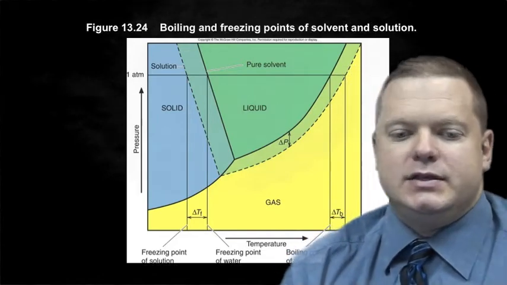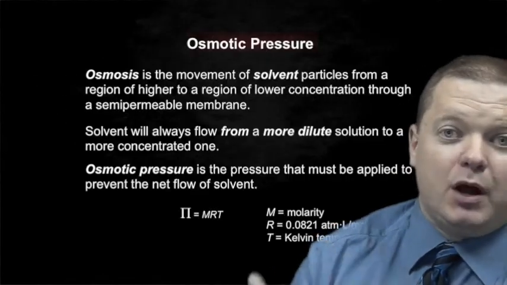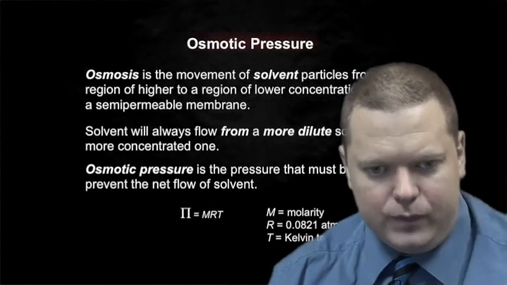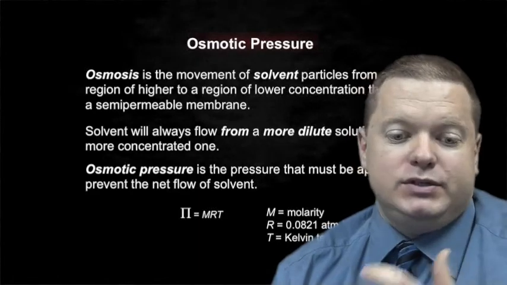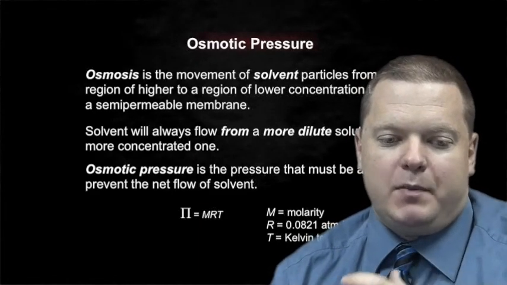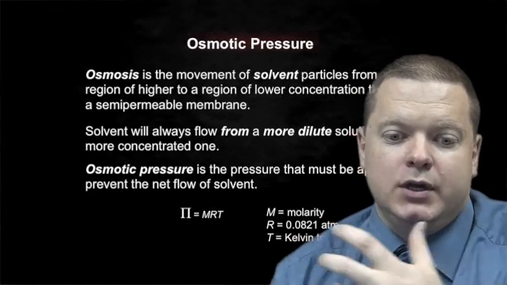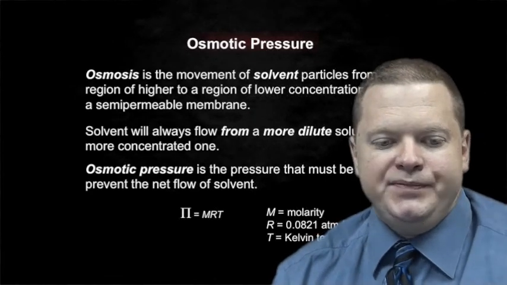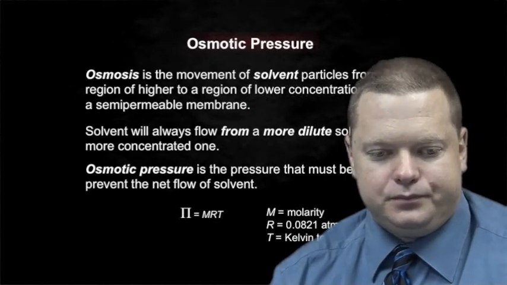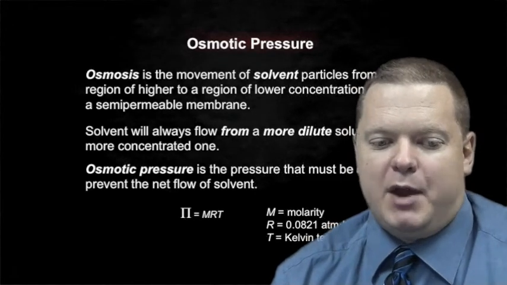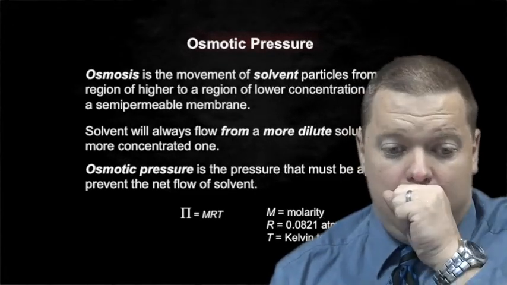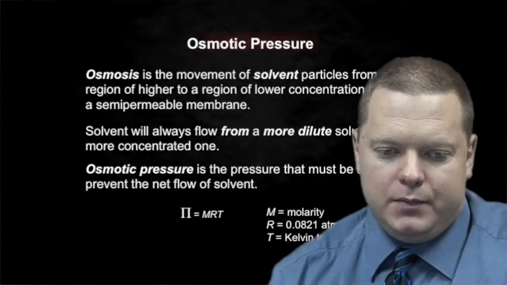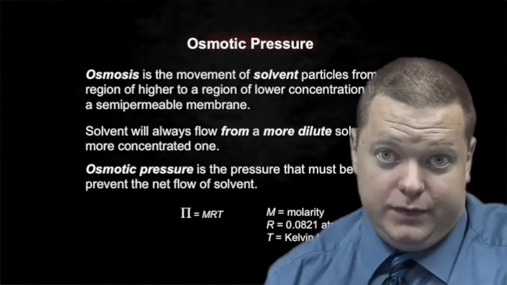The next one is osmotic pressure, which you're probably more familiar with from taking biology. Osmosis is the movement of a solvent from a region of high concentration to a region of lower concentration through some sort of semi-permeable membrane. And it's the solvent that is moving, not the solute.